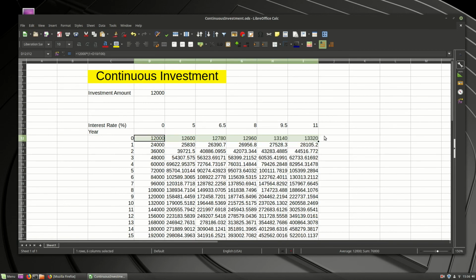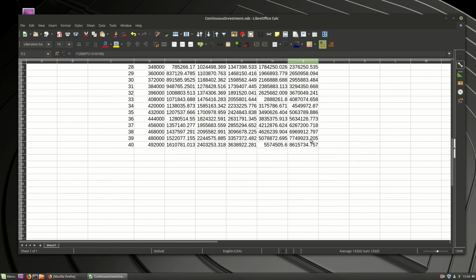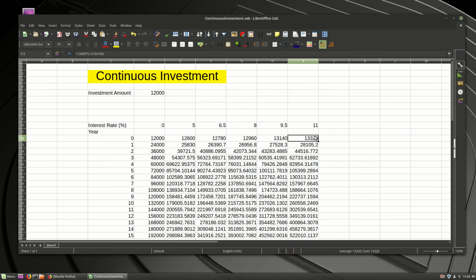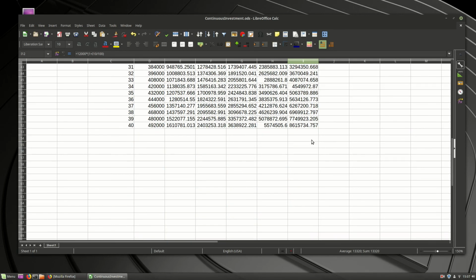And we'll go right through here. And it ends up looking like you invest $492,000 over the course of those 41 years, but you make $8.6 million, assuming that you get 11% returns.